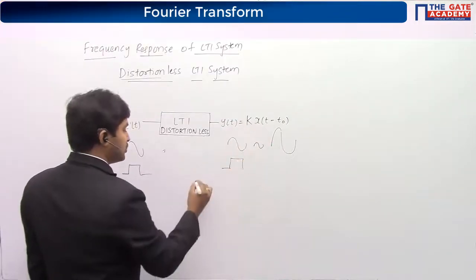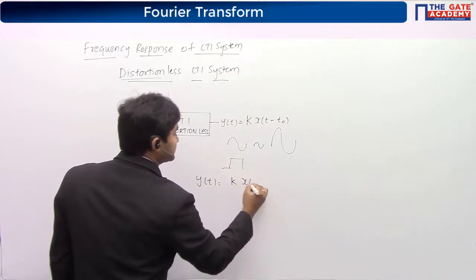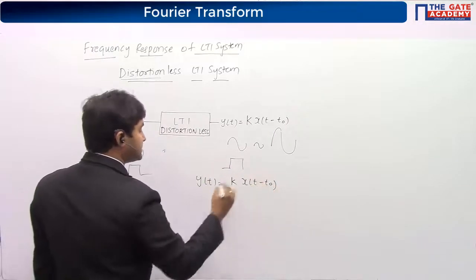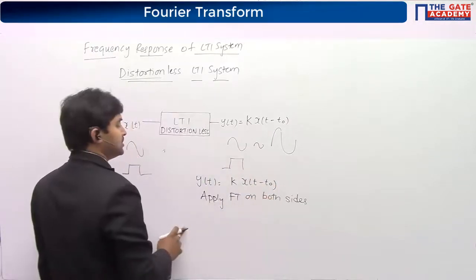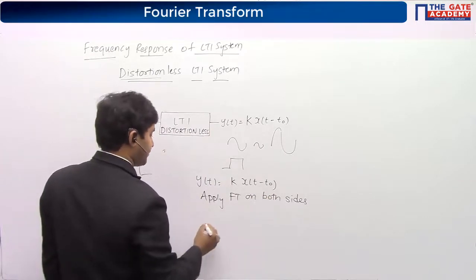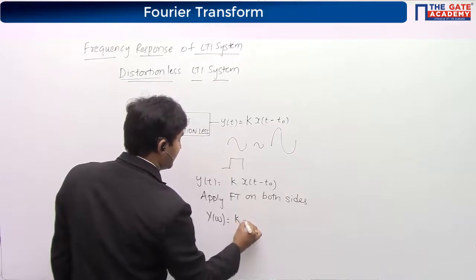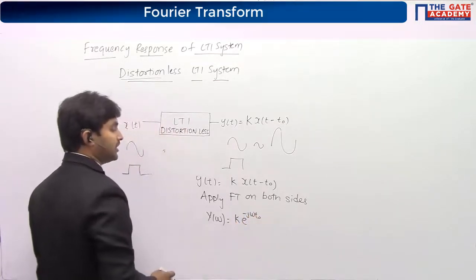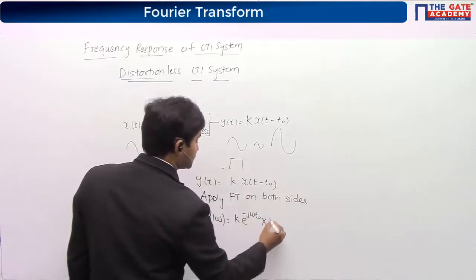Now let me apply the Fourier transform on both sides of y of t equal to k multiplied by x of t minus t naught. Then we have y of omega equal to k multiplied by e power minus j omega t naught into x of omega.